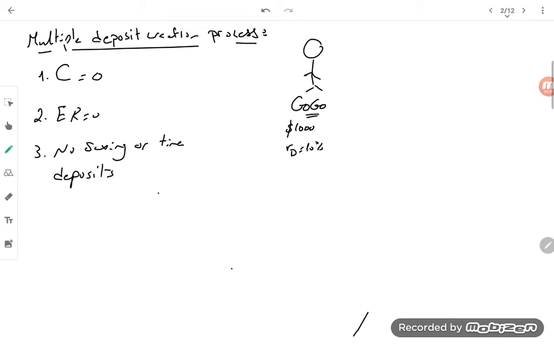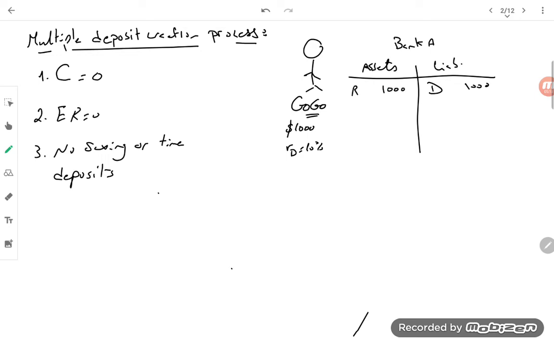As an initial T account for this transaction, Gugu is going to deposit 1,000 in Bank A. So on the liability side, there is an increase in deposits by 1,000, and reserves will increase by 1,000 as well.